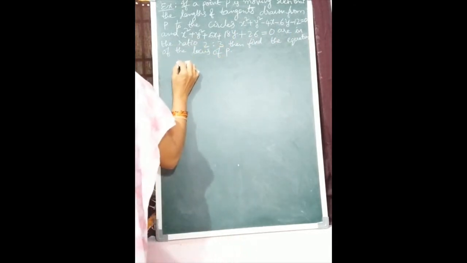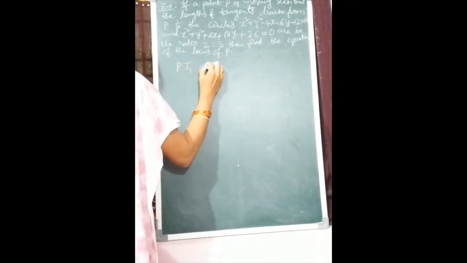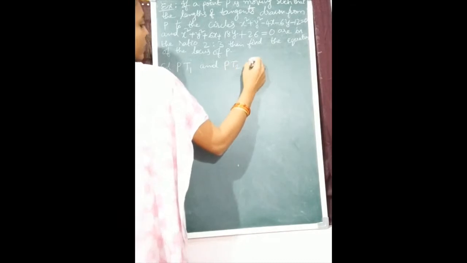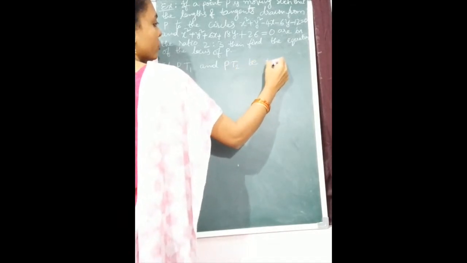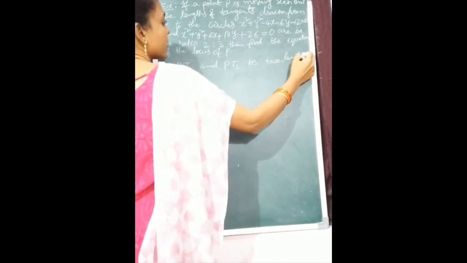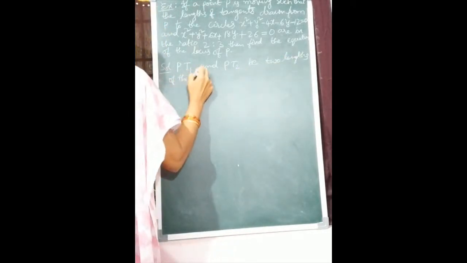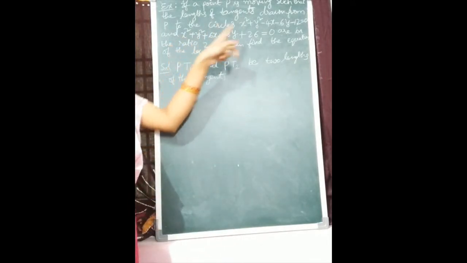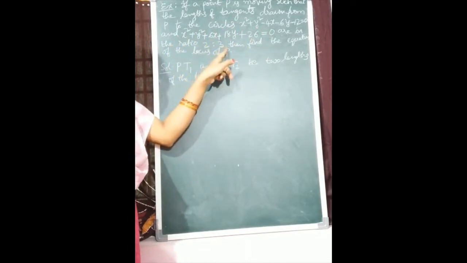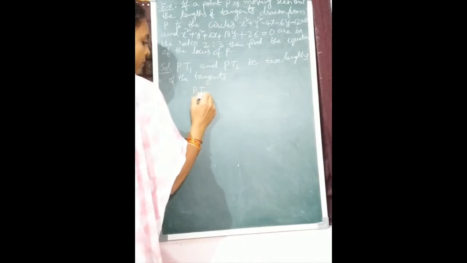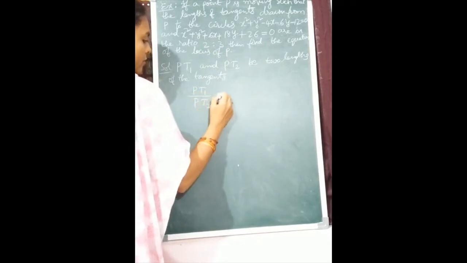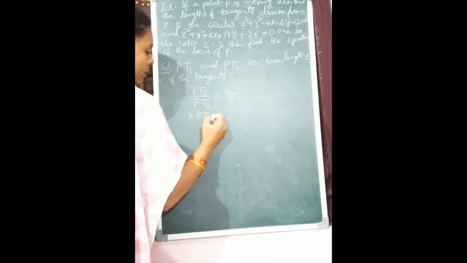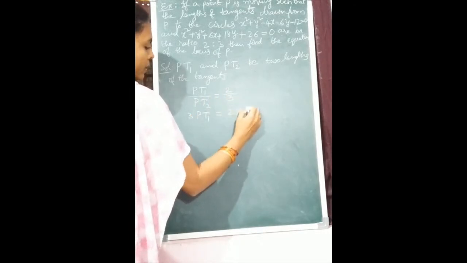For example, solution: let PT1 and PT2 be the 2 lengths of the tangents. Given that the lengths of the tangents are in the ratio 2:3, that means PT1 divided by PT2 is equal to 2/3. It becomes 3 times PT1 is equal to 2 times PT2.